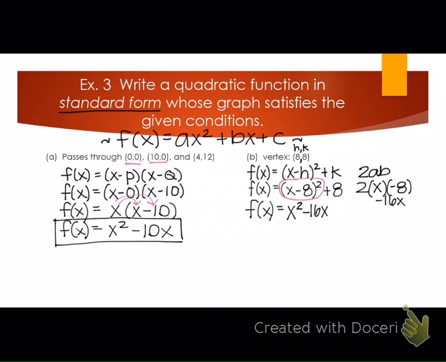We square the 8 and what do we get? 64. Now, we've got to bring down the rest of the problem. Are we finished? No, because we have to combine what? Our like terms are 64 and 8, which make 72. And that is lesson 8.6.